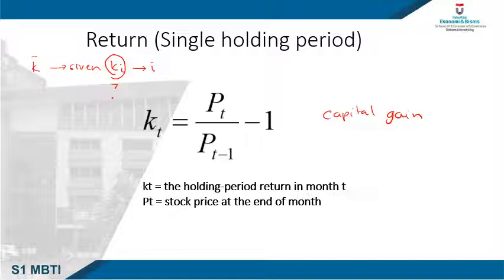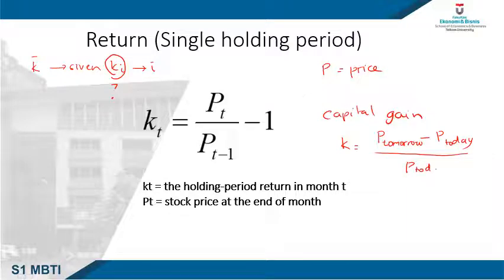We use this. K is actually P of tomorrow minus P of today, divided by P of today. Okay, P as price. So what I have told you before, I buy today 1,000 and tomorrow is 1,100.